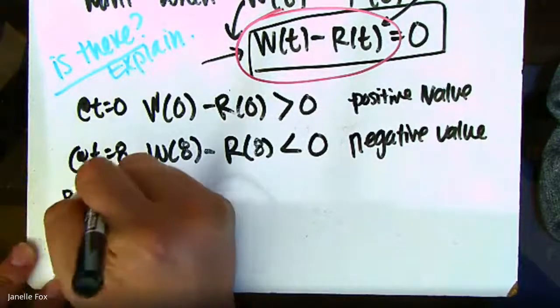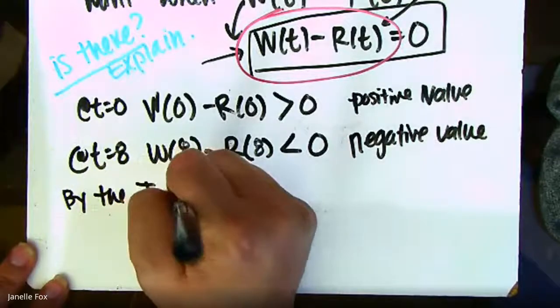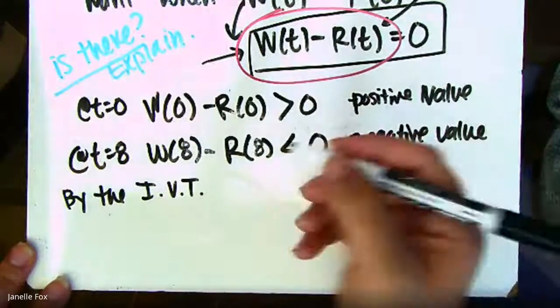I said by the intermediate value theorem, and you can go ahead and abbreviate that because it is an acceptable abbreviation.